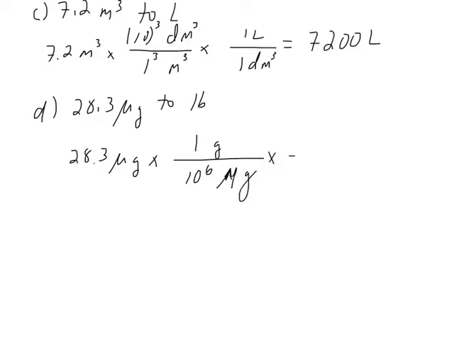And then my micrograms cancels out. Then I want to go to pounds. So 1 pound is 453.59 grams. And when I do this, I get 6.24 times 10 to the minus 8 pounds.